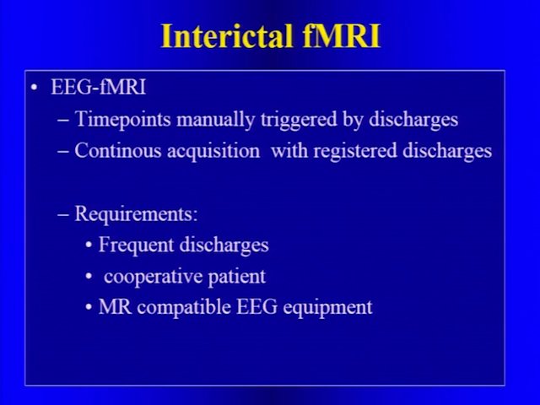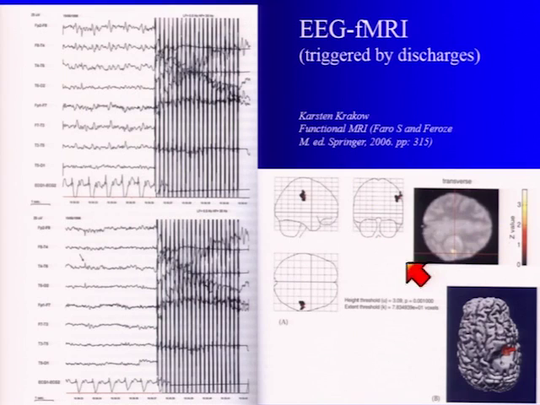These leads will then trigger the time point and the pulse sequence, and the holy grail is to be able to look at epileptogenic focus using fMRI. We haven't really done that. It's been reported though, and I just wanted to show you this. And we are working on getting this project started at our place. It's just the leads and getting it all within the magnet has not been easy for us.